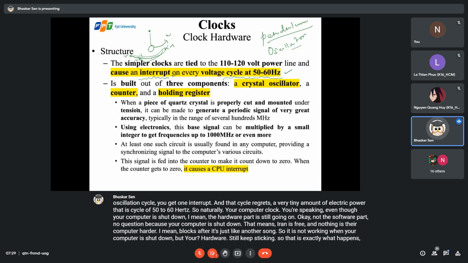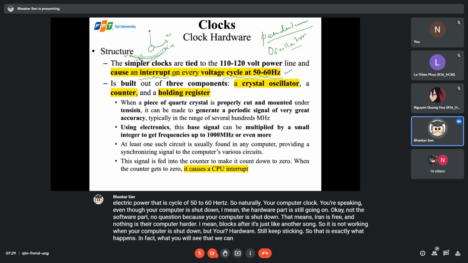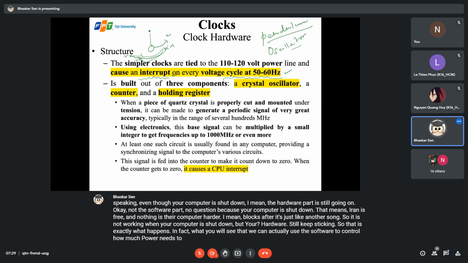In fact, later we'll see that we can use the software to control how much power needs to go there to generate an oscillation. In fact, we can control the perception of time.